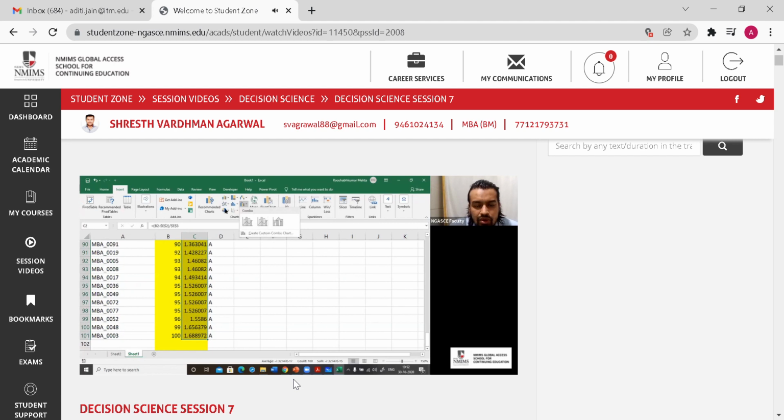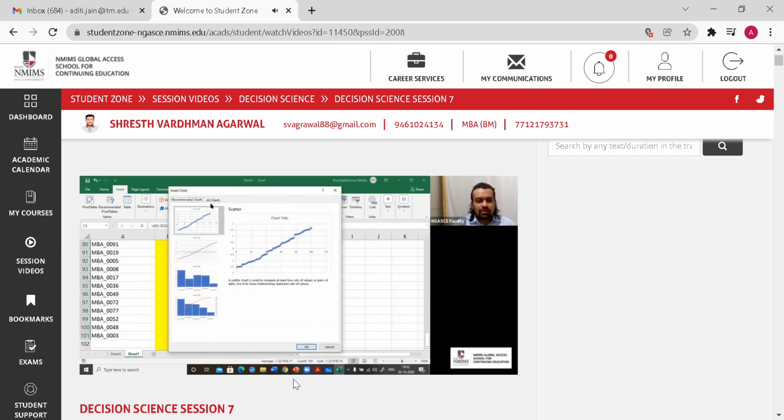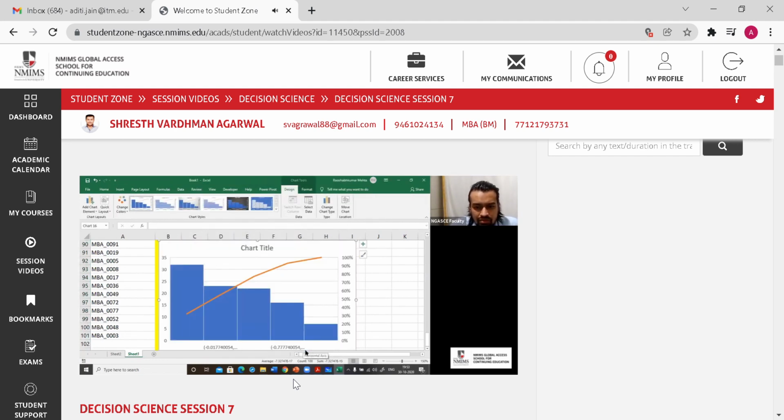This data is not at all normal, so if you plot this chart, it is also not going to work. If you go to the recommendation, look at this. Even the bar chart and any chart is not normal. So this data is not at all normal.